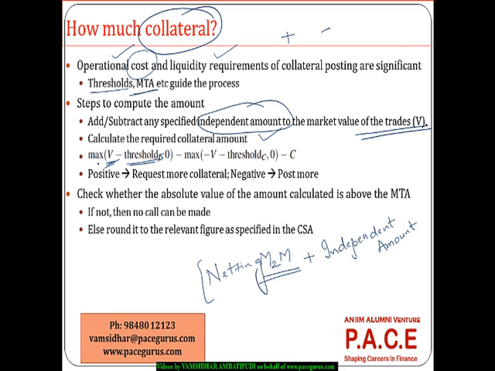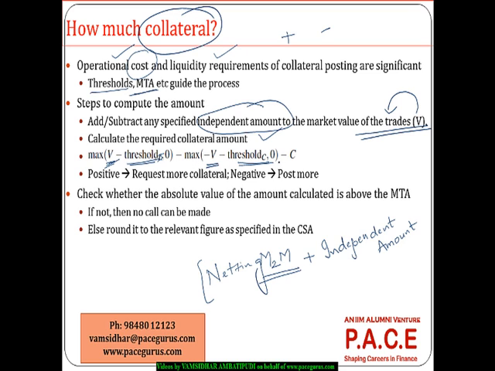Right, so the maximum of V minus whatever the threshold that I have posted, comma 0, minus the maximum of minus V. Minus V is from the counterparty's perspective. So for the counterparty, the exposure is minus V, minus whatever the threshold that is expected out of the counterparty, which is what we are subtracting.